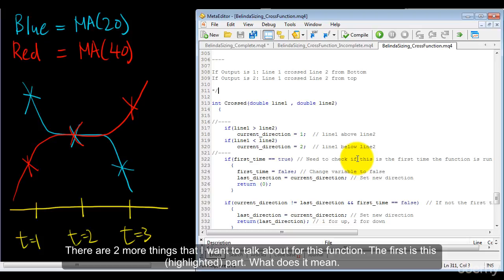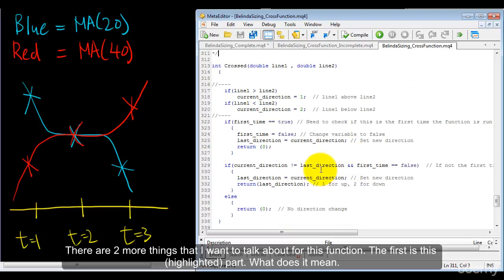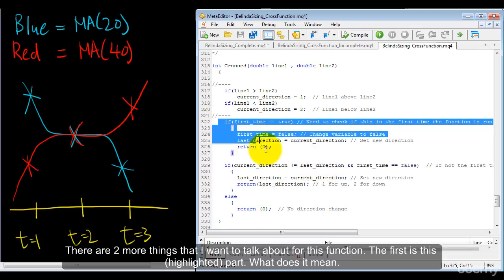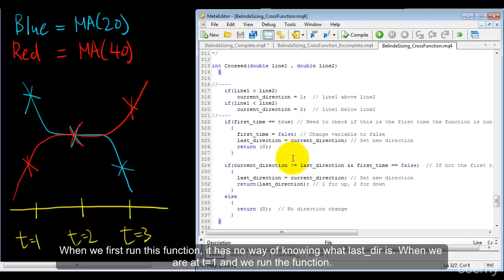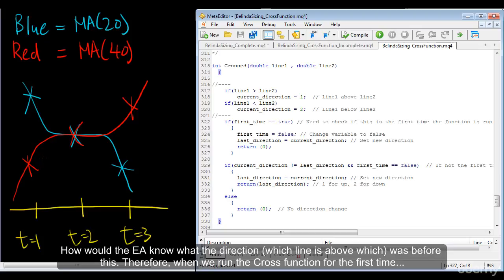There are 2 more things I want to talk about for this function. The first thing is this part. What does it mean? When we first run this function, it has no way of knowing what the last direction is. Let's say that we are at time 1 and then we run the function. How would the EA know what the direction was before this?